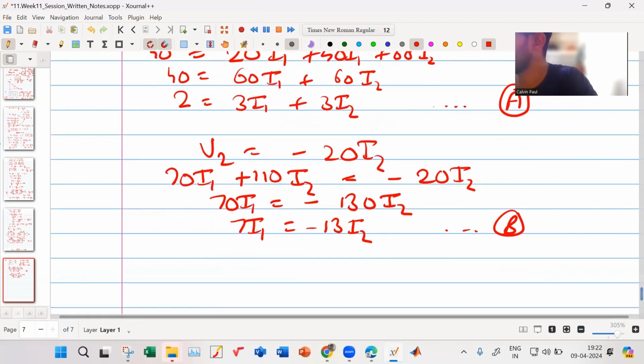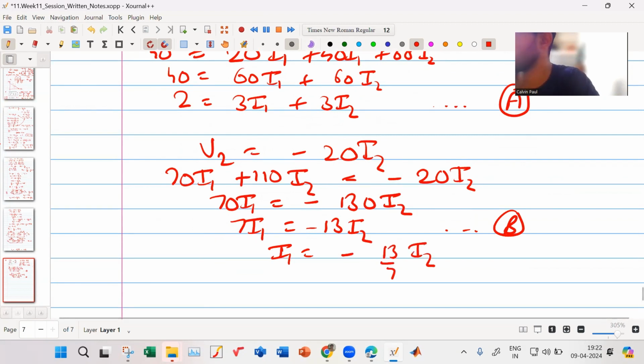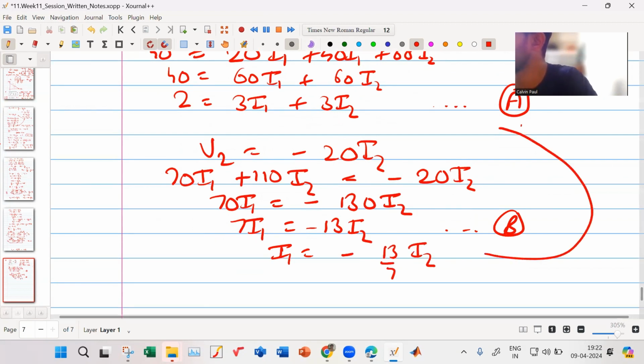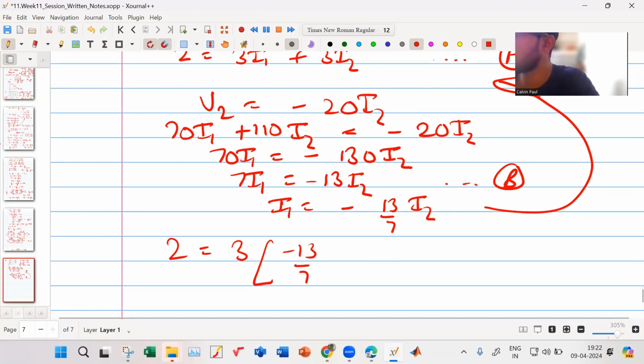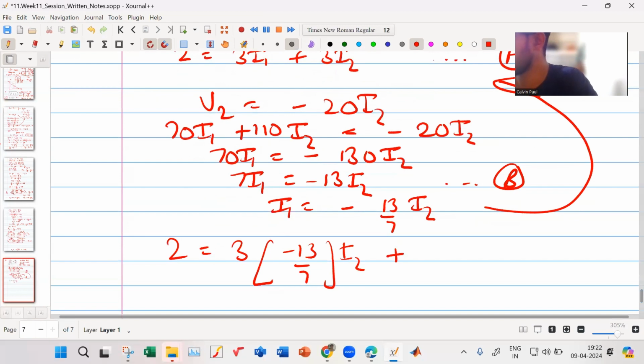So what do I know? I1 is equal to minus 13 by 7 I2. I will put this in equation A. So I will get 2 is equal to 3 into minus 13 by 7 I2 plus 3 I2.